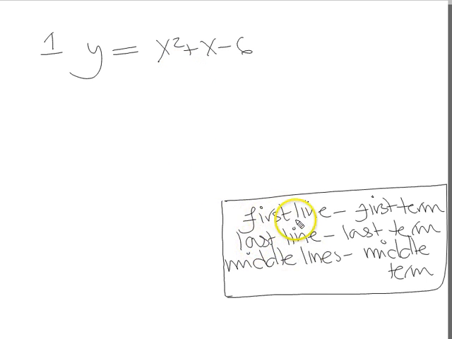Here's the bookwork that we can use as a memory jog, and this makes life a bit easier, I think, because I always try and find the easiest way to do something. There's a bit of bookwork for the quadratics when we solve by factorization. First line, first term. Last line, last term. And the middle lines correspond to the middle term.